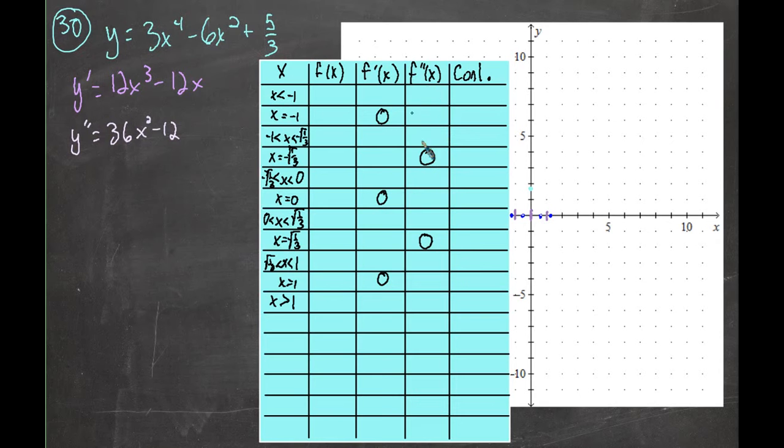We only really care about what's going on here and here and here, right? You can only switch concavity here and here, so we only need to be concerned about what kind of concavity we see here and here and here. Luckily, these values are in between those two x values for the possible points of inflection.